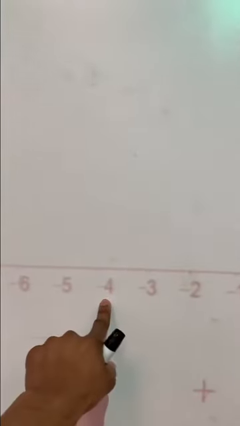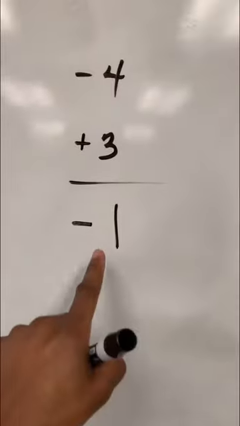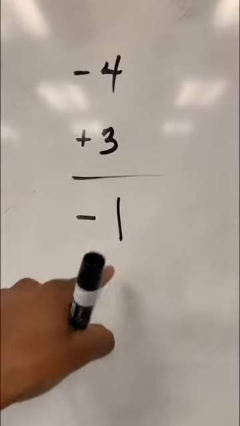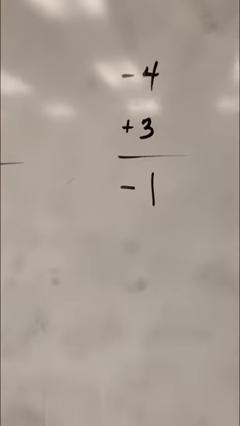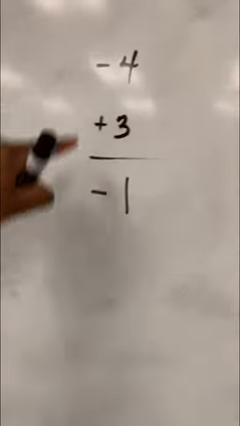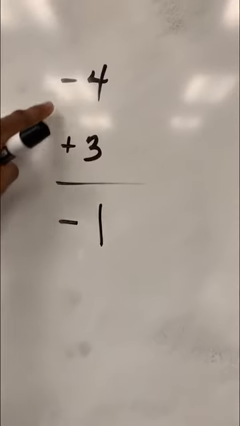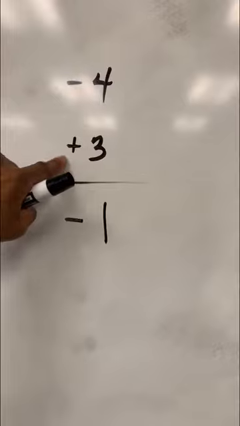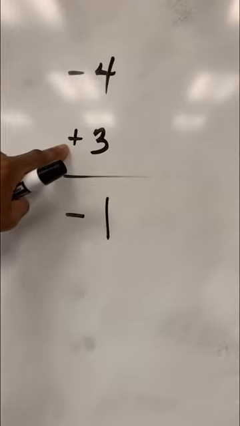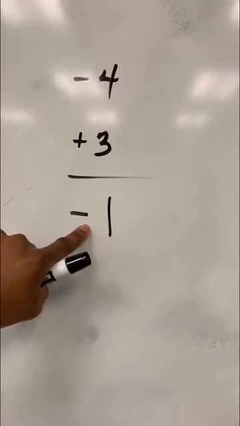If I add 3, that means I go that way, right? So there's negative 4, 1, 2, 3. That's why I have a negative 1. Because I added 3, I landed on negative 1. All of these results are nothing but you understanding that you're starting at one number and then you're moving either left or right based on this being a plus or a minus to see what number you stop at.